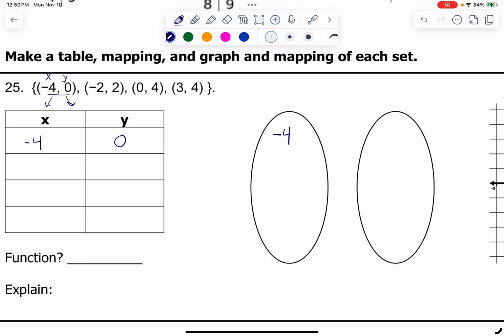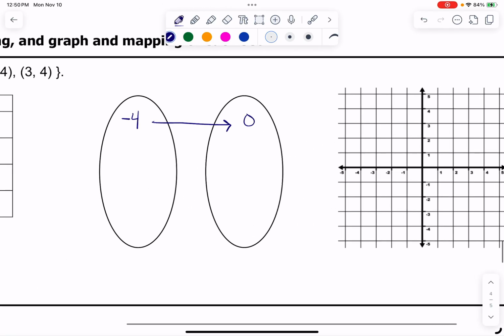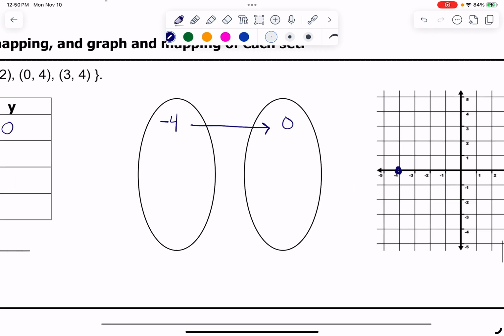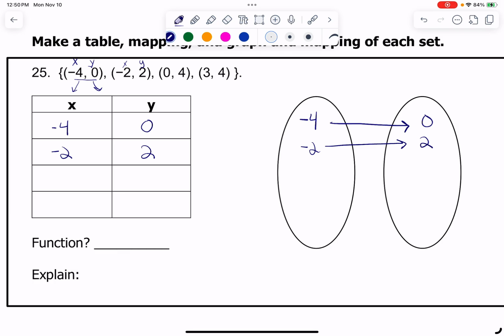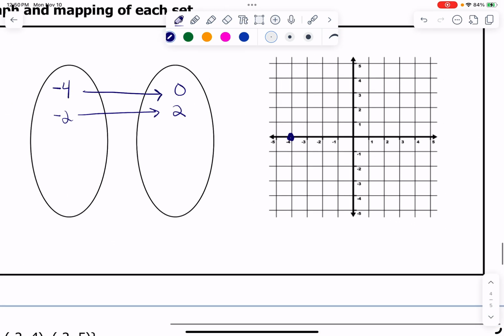I can put -4 and map that to 0. I can come over here to the graph and put a point on -4, 0. The next point is x is -2, y is 2. -2 is mapped to 2, and I'm going to graph -2 on x up to 2 on the y.